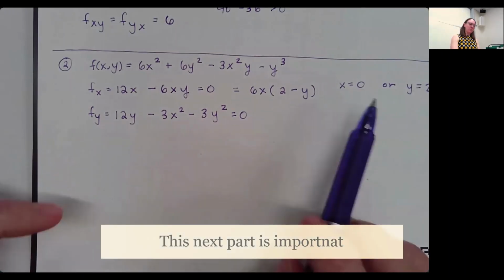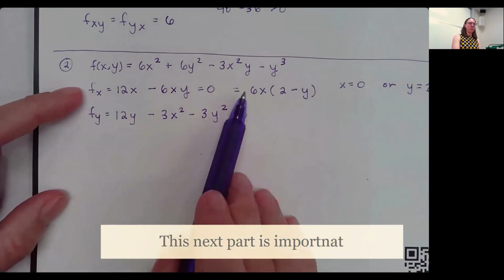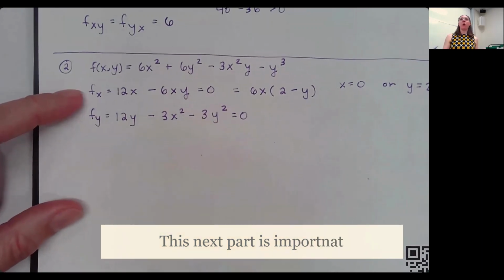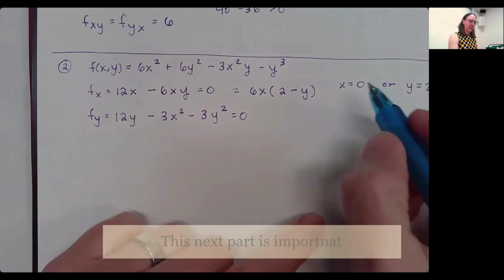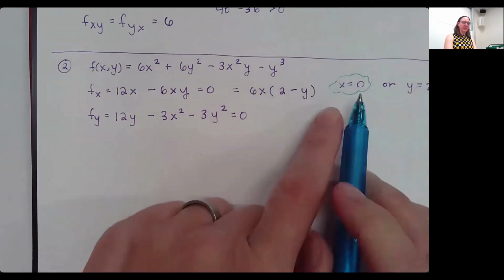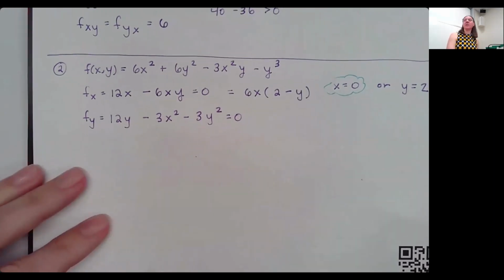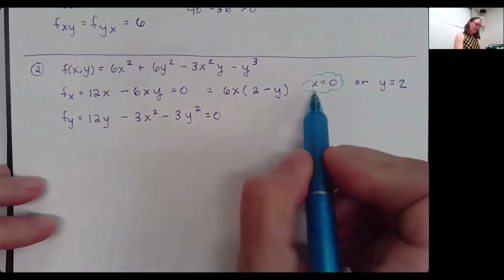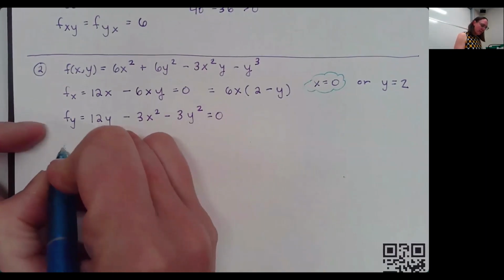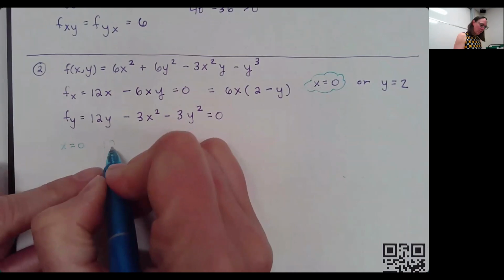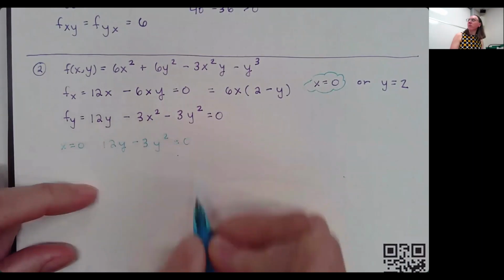And the reason for that is both of these are solutions to my partial with respect to x being equal to 0. But in order to be a critical point, I also need that partial with respect to y to be 0. So factoring it now means I can play out the scenario, what if x is equal to 0? And then play out the scenario, what if y is equal to 2? So if I play out x equals 0, down here in my partial with respect to y, then this becomes 12y minus 3y squared is equal to 0.